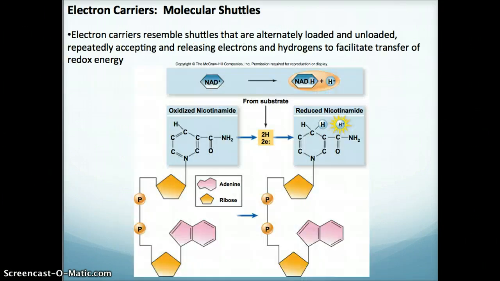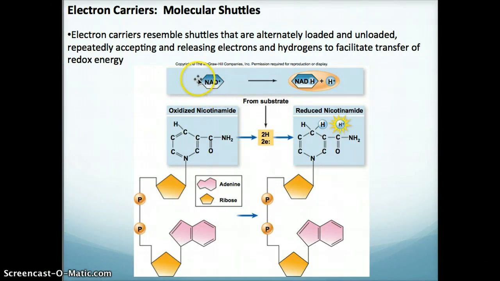When we look here, we have some electron carriers that would be commonly found in a microbe. These molecular shuttles actually can go from loaded with an electron to unloaded, and so they can repeatedly accept and release electrons and also hydrogens to facilitate transfer of this redox energy.